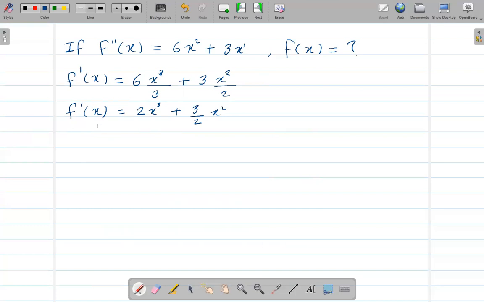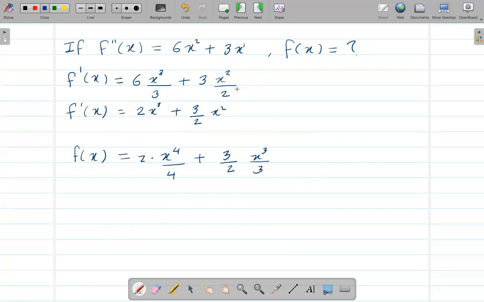So now when we take the antiderivative of f prime, we get f of x, right? So f of x is, again, 2 will stay there, and the antiderivative of x to the power 3 is x to the power 3 plus 1 is 4, over 3 plus 1 is 4, plus 3/2 times x to the power 2 plus 1 is 3, divided by 3.